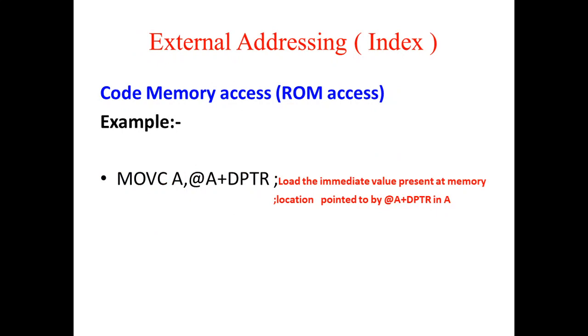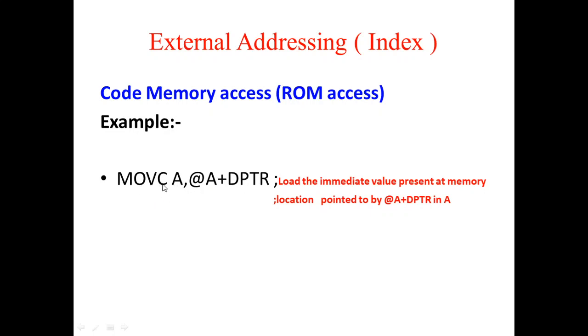Now we are creating the lookup table in the external code memory, and to access data from that lookup table we are connecting one pointer, that is DPTR. Now our problem statement is: load the immediate value present at the memory location pointed by A plus DPTR into the accumulator. Means one by one we want to take data from the lookup table and pass it into the accumulator, and that's why we write the instruction MOVC.